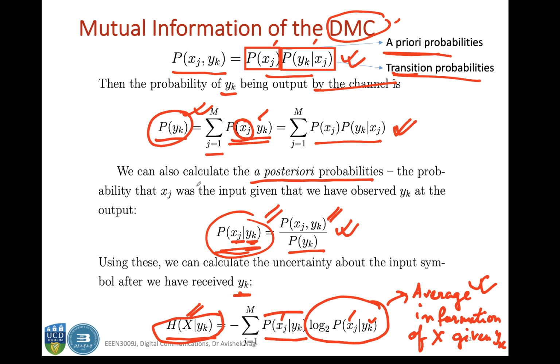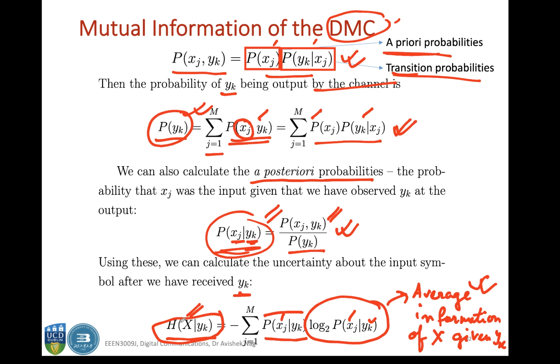You have seen from this slide that all the probabilities, the joint probabilities p of xj comma yk, the a posteriori probabilities, everything can be expressed like this. This p of yk can be written in terms of p of xj and p of yk given xj.